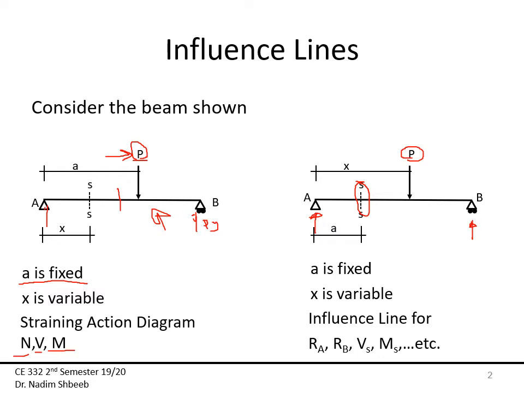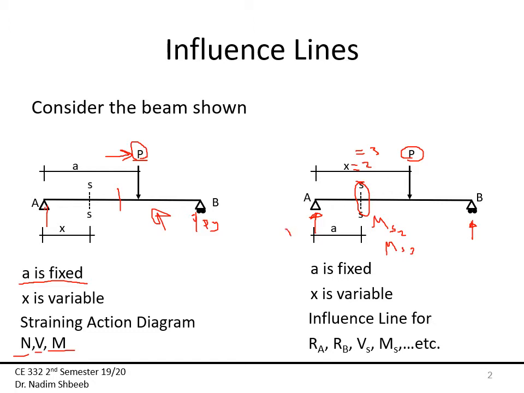So let's say at X equal to 2 meters, tell me what the moment MS is, okay? Then if the load moves to 3 meters, so let me call this MS at 2 meters, I'm just making up numbers here, right? Then let's say I want this to move to 3 meters. So tell me now, what is the moment at 3 meters, right?